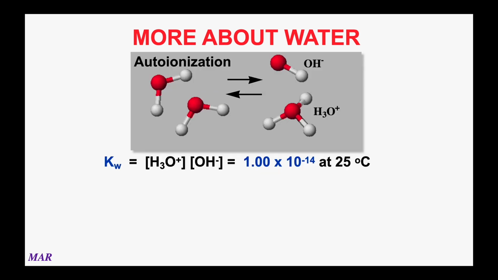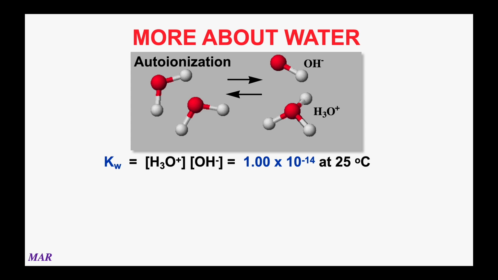People have studied this reaction quite a bit. And up there on the top under autoionization, you've got two water molecules in equilibrium with hydroxide and hydronium. Remember, hydroxide is the active part of a base, and hydronium is the active part of an acid. Now remember, you don't include liquids and solids in equilibrium.